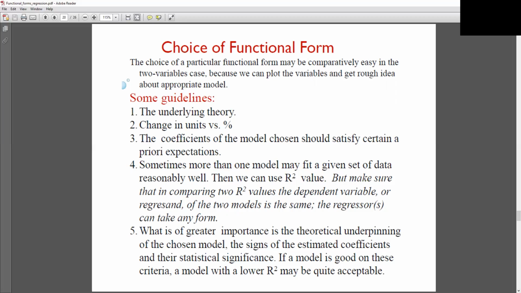Apart from that, you should have some expectations, some assumptions about the coefficients you're getting: the value of the coefficient, the direction of the coefficient, or the significance of the coefficients. For example, for x1 variable, x2 variable, you're getting the slope coefficients, right? So in your model, you have age, education and all, right? You want education to be significant, but sometimes because of the model that you have used, education may not be significant.